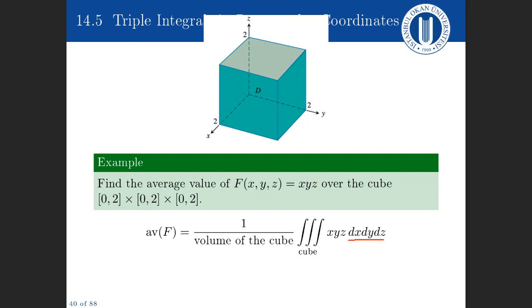Everything is symmetrical here, so it doesn't matter which order we do our integration. We could do dz, dy, dx here if we wanted to, it wouldn't matter. The volume of the cube is, of course, 8. So it's 1 over 8, integral from 0 to 2, integral from 0 to 2, integral from 0 to 2, xyz, dx, dy, dz.